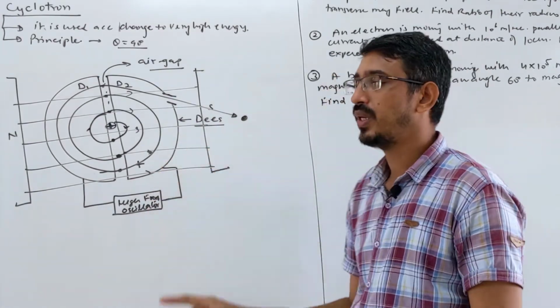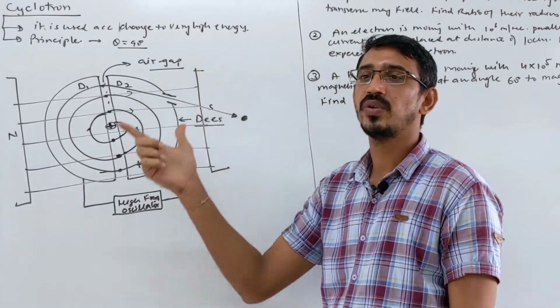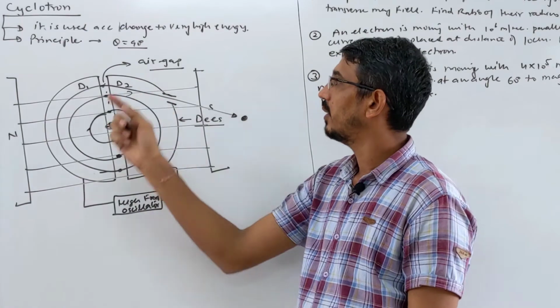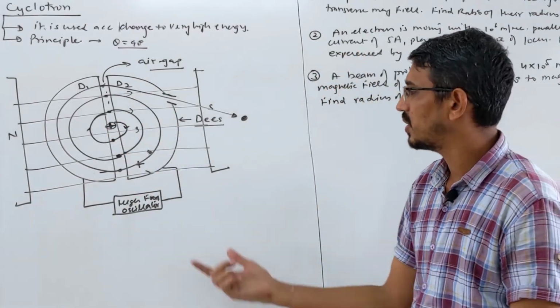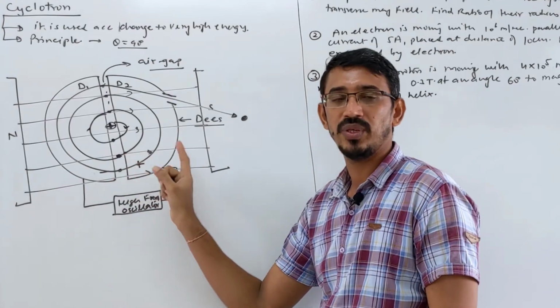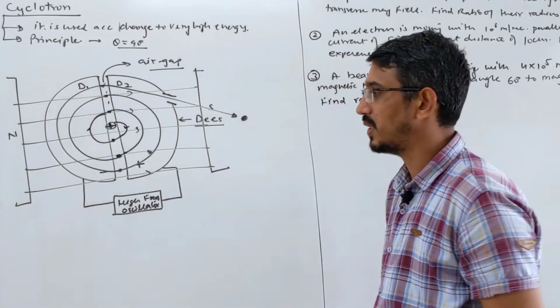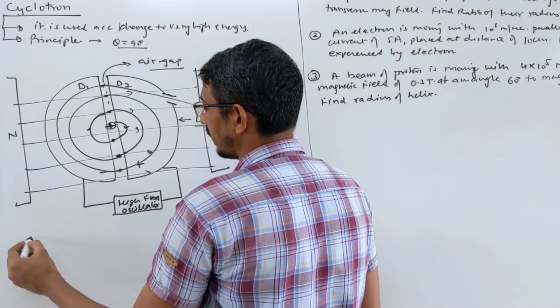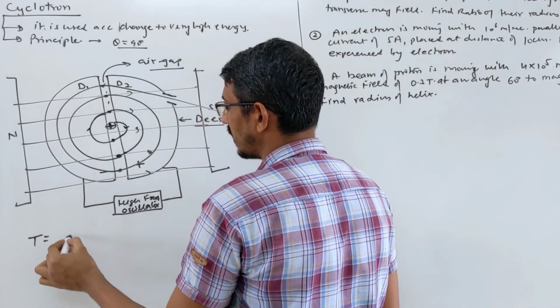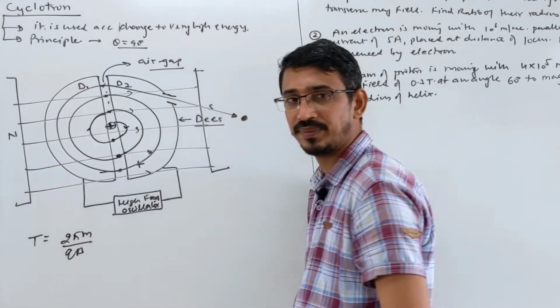So what we are doing is rotating a charge up to very high velocity or very high energy using the cyclotron. The working is very simple. The oscillator changes the polarity of the D's. We already discussed that the time period of this rotation does not depend upon velocity and radius; it is always constant.